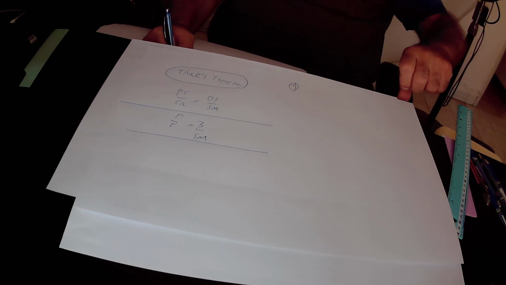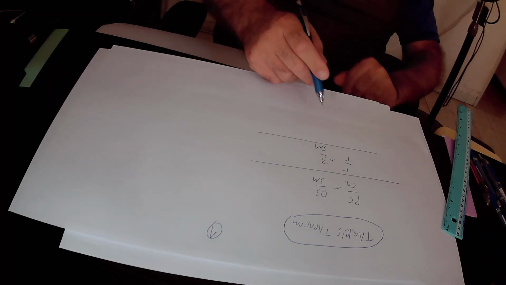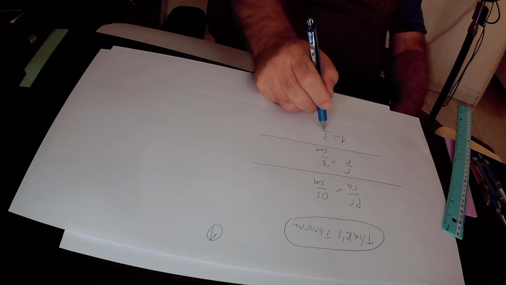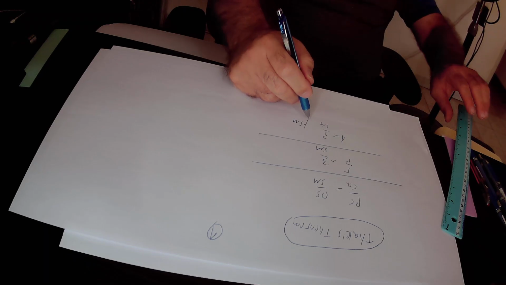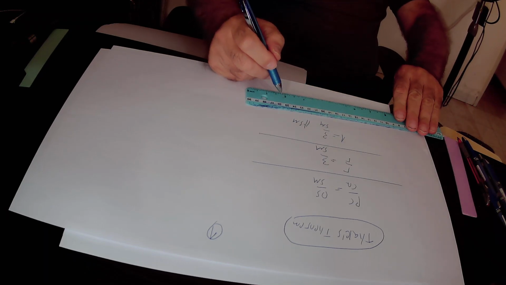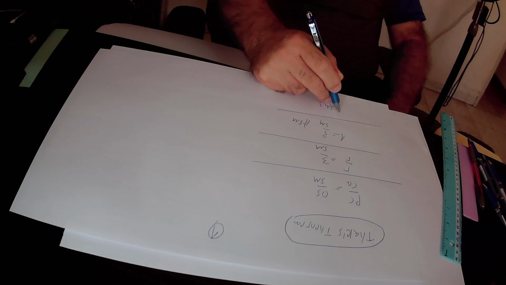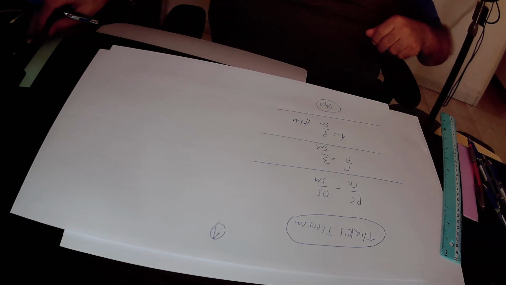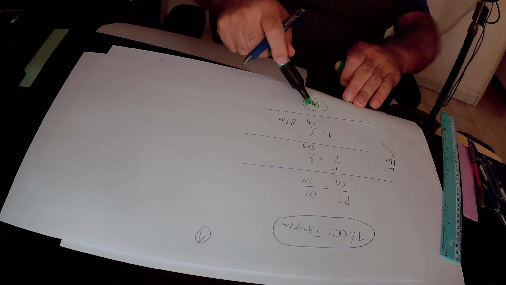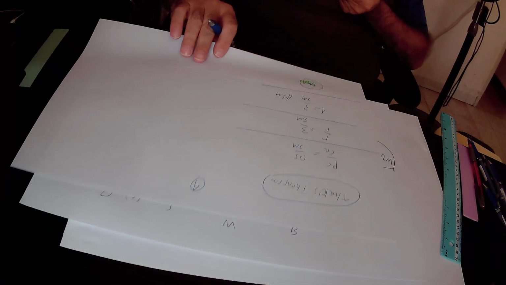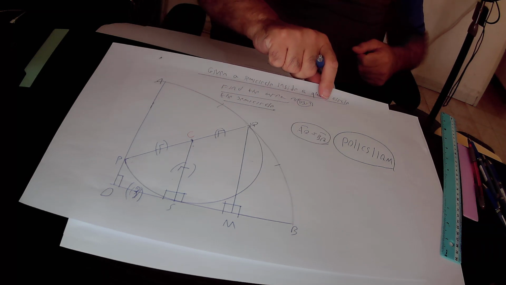R over R is 1. So 1 equals 3 over SM. Here we multiply this equation by SM, and finally we get that SM equals 3 units. This is line segment SM that equals 3 units in its length.